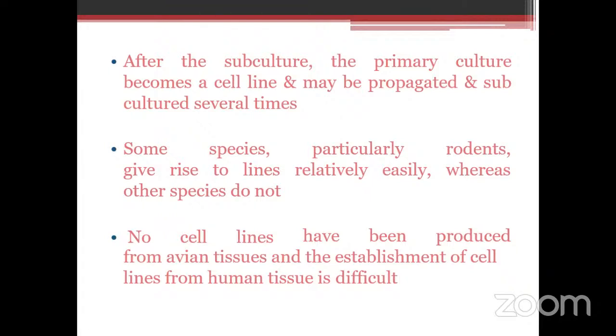No cell lines have been produced from avian tissues, and the establishment of cell lines from human tissue is difficult. Though we do experiments on human cell lines, establishing them is difficult. But why do we have to work on human?